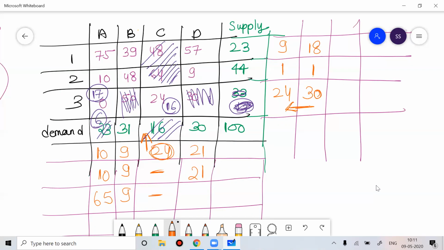This is 57 minus 9 means 48. Then row wise 57 minus 39, you will get 18. Now here this is 10 minus 9, 1. This nothing can be done.